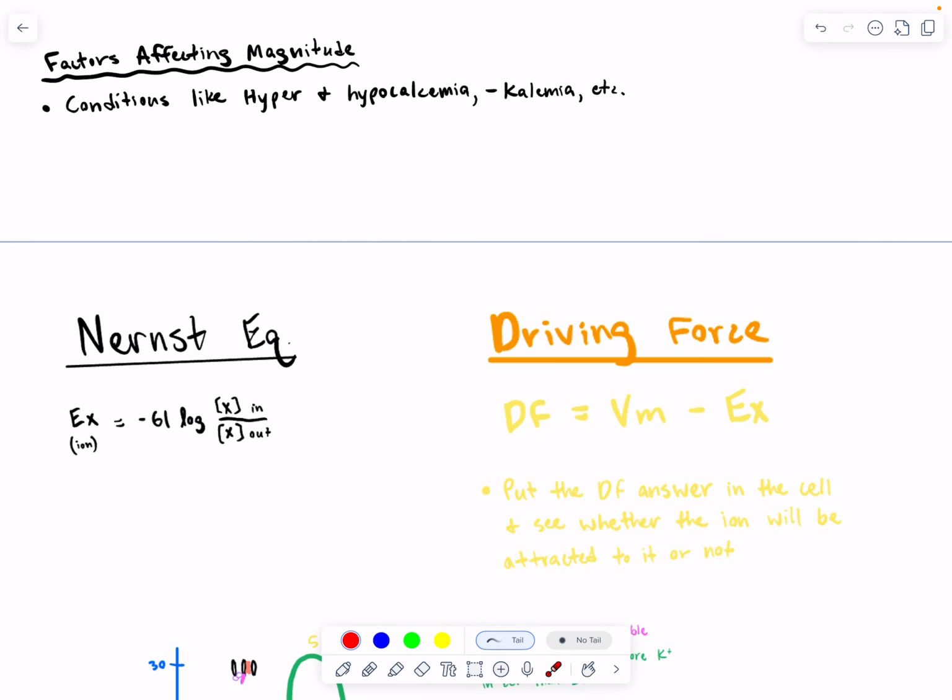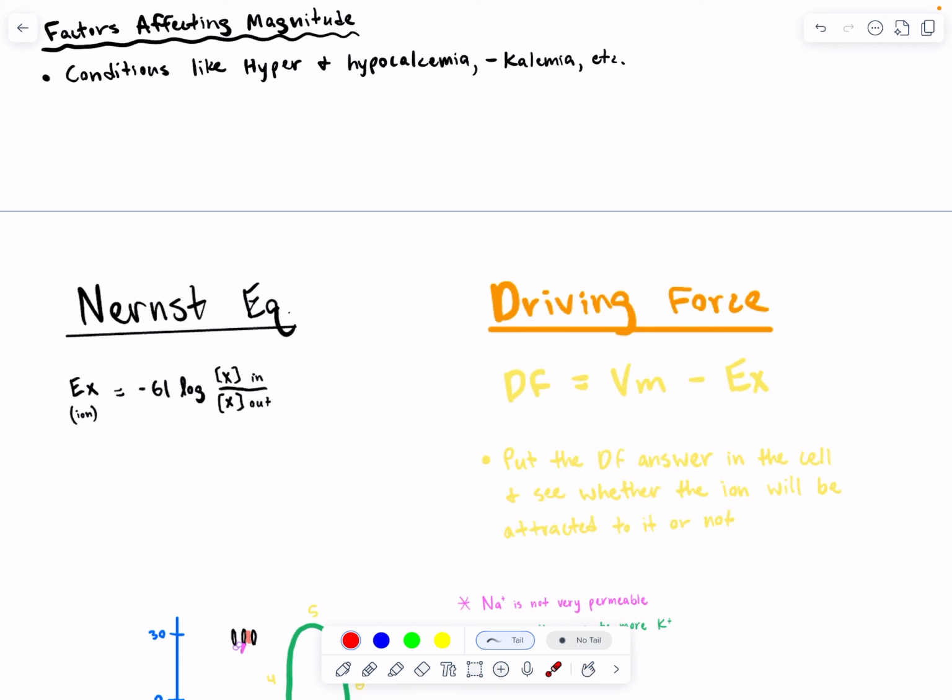And where this is applicable is right here with driving force. So driving force is basically the membrane potential, or the voltage of the membrane potential. So it would be that -70 in this case, minus whatever number we got from the Nernst equation.